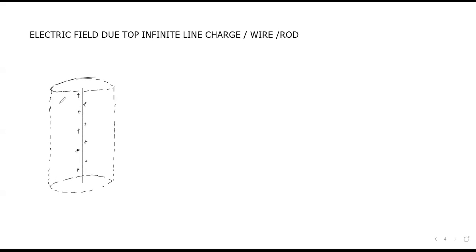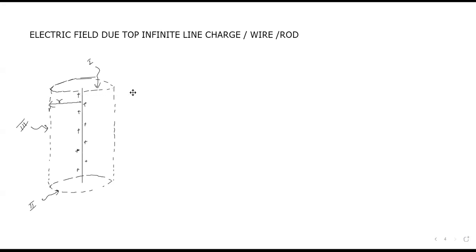We can consider the Gaussian surface to be of radius r. Suppose this is surface 1, this is surface 2, and this one is surface 3. What will be the area vector? First of all, we are going to draw the electric field lines due to this line charge.